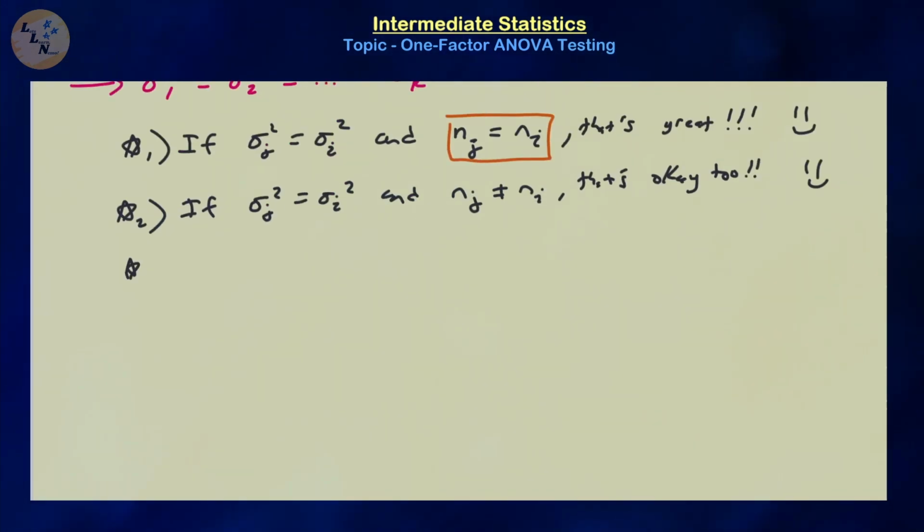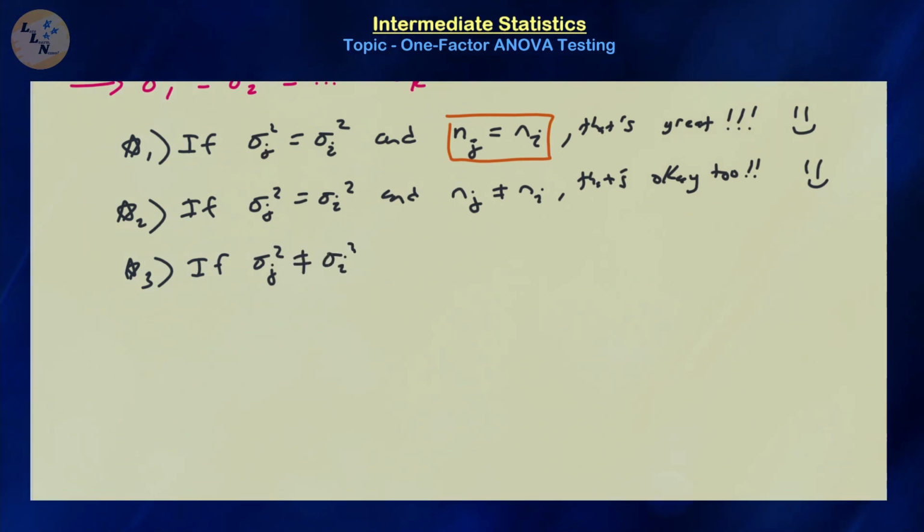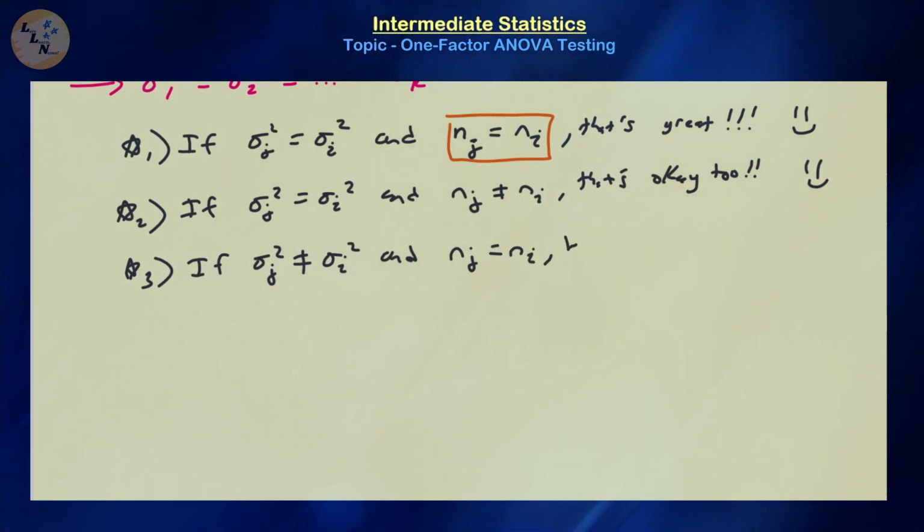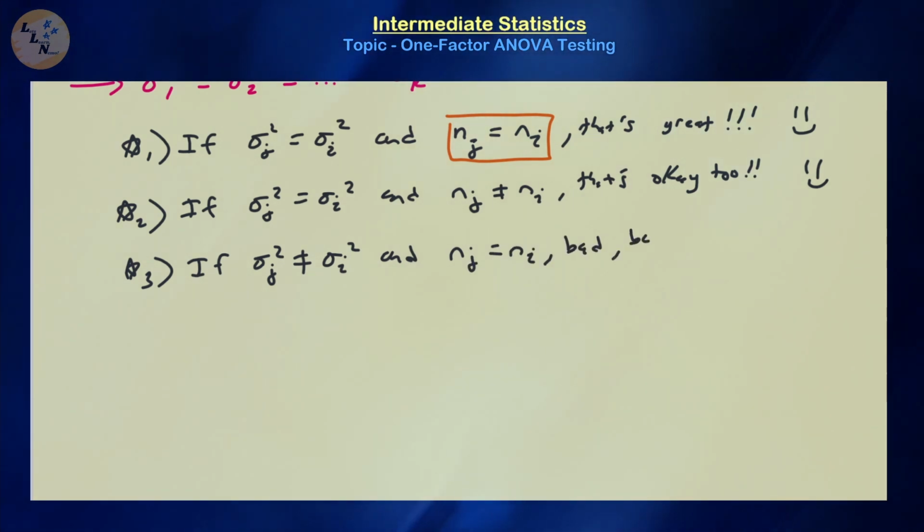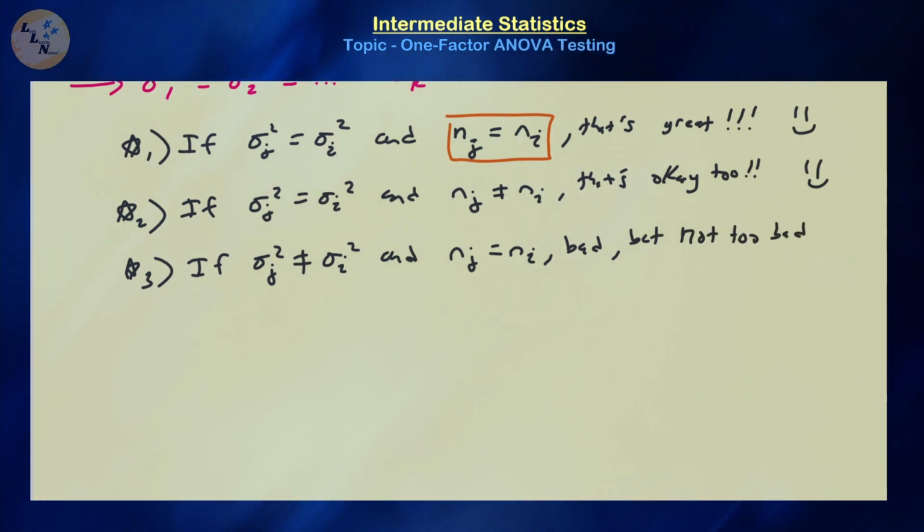Now, scenario 3 and scenario 4 are, of course, the worst cases. So if our variances, sigma j squared and sigma i squared, are not equal to each other, and n_j is equal to n_i, it's bad, but not too bad, right?